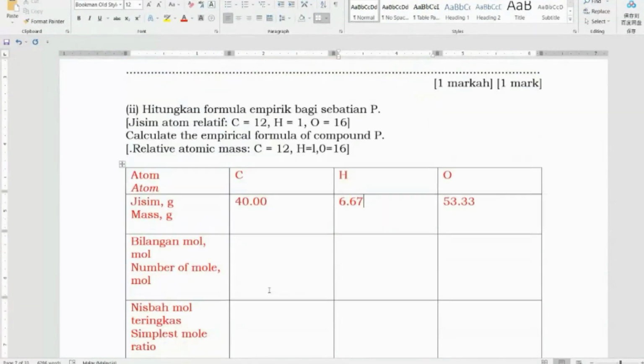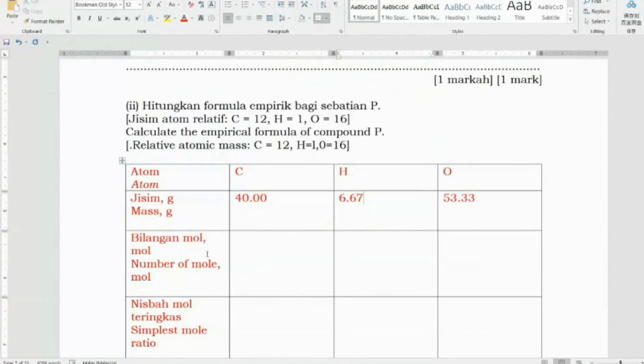So next, find the number of mole. You have the mass. How to find the number of mole, class? What is the formula? Anyone remember?